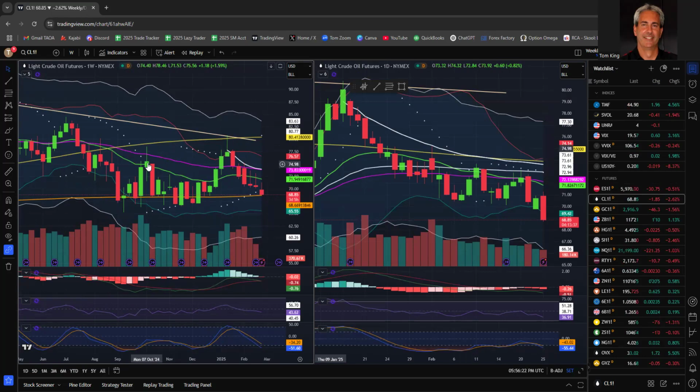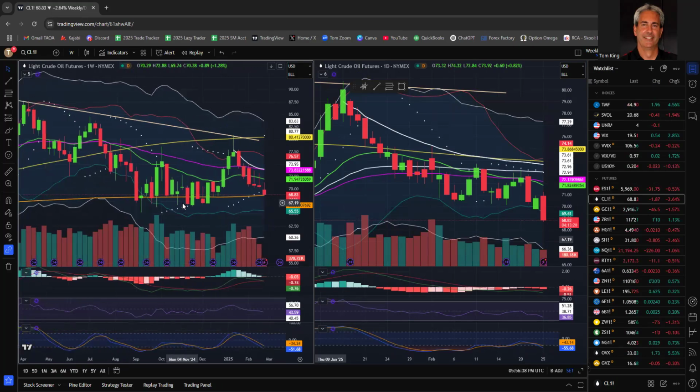We've tried to come up, we've hit the 21, we tried to come up, we broke it for 4 days, and then fell down below it. But MACD is falling on the weekly, RSI is falling on the weekly, and stochastic momentum is falling on the weekly. There would be no reason for me to consider putting on really bullish trades in oil right now.